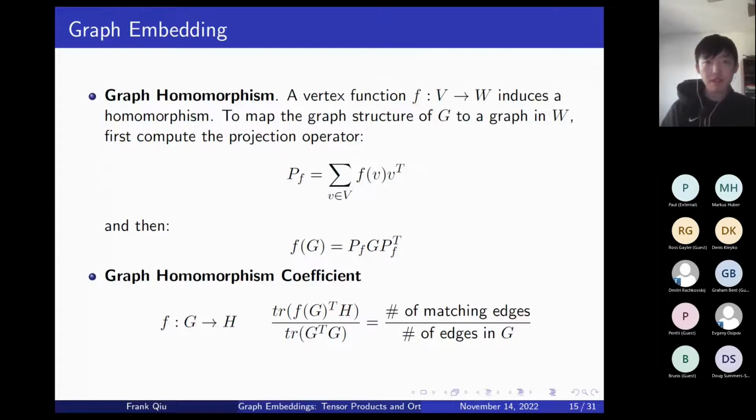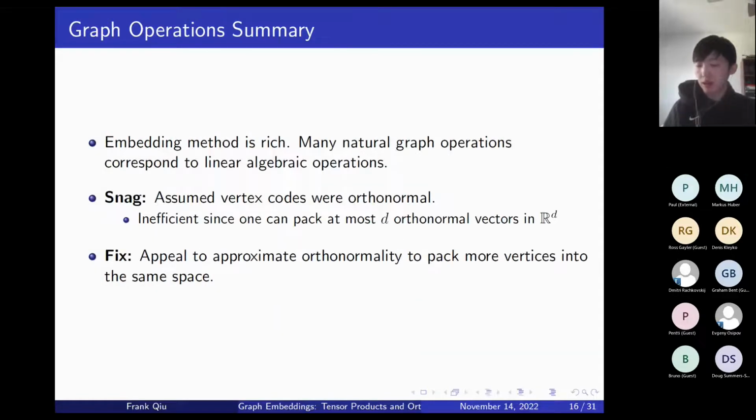So I've gone over all of these operations quite fast, but hopefully this subset of the possible operations is enough to convince you that the generated graph embeddings are rich, and many natural graph operations correspond to simple linear algebraic operations. However, there's one problem.